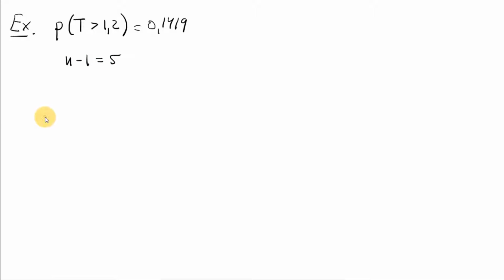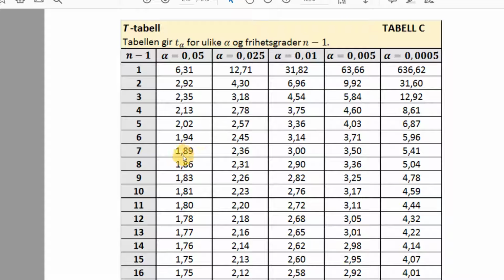And oppositely, let's say that you know alpha. Let's say you have alpha equal to 5%, and you want to find out what t alpha is. And let's say that n minus 1 is equal to 10. Then there is a third table you can look at. Instead of using the other table backwards, for the t there is a table given to read off in the opposite direction.